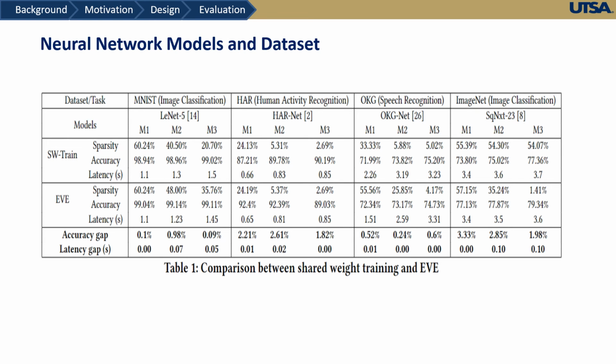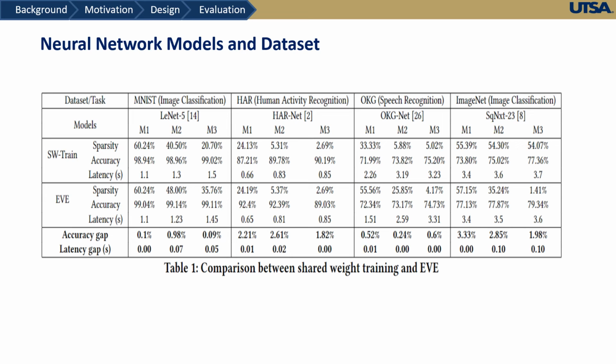This is the result of the DNN models with and without reinforcement learning based AutoML search. Here SW train shows the result that does not employ reinforcement learning based search. On the other hand, Eve implemented the reinforcement learning based AutoML search algorithm.